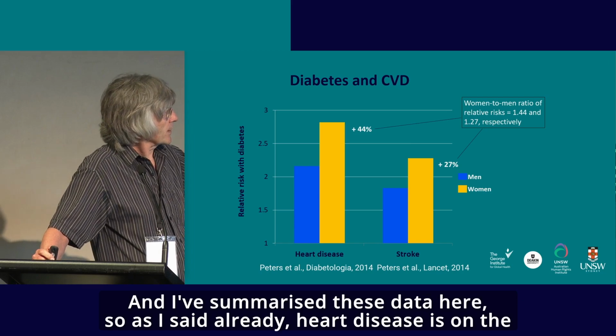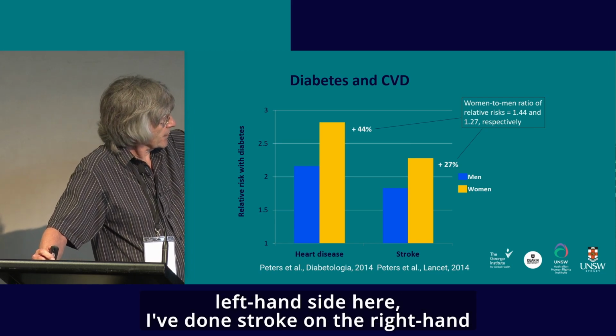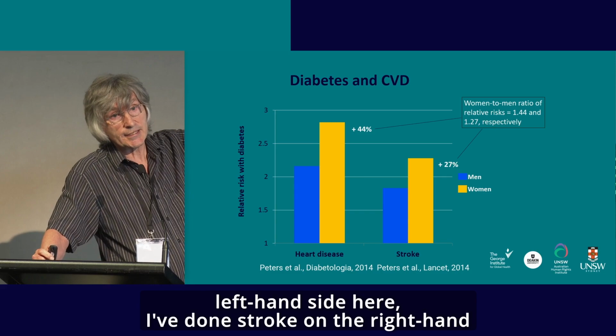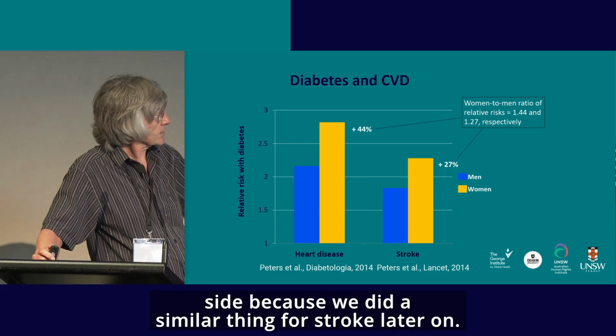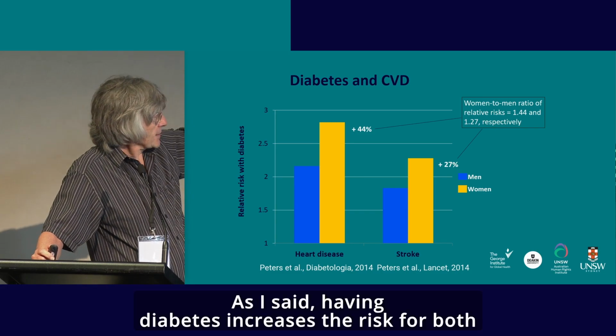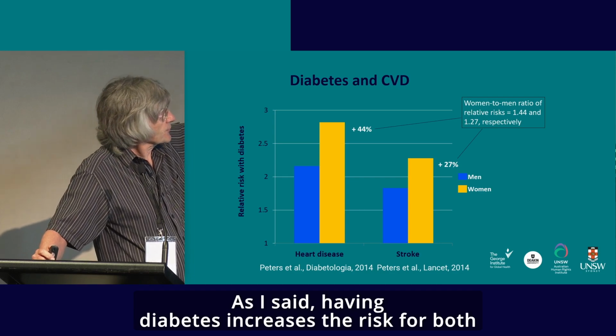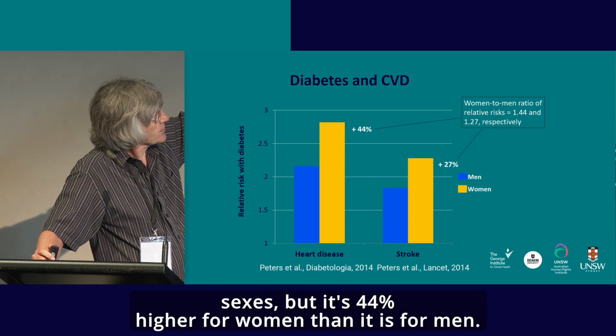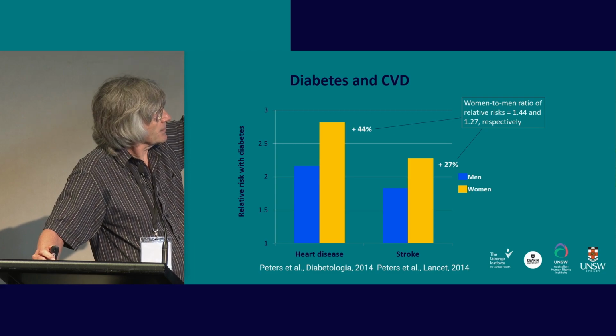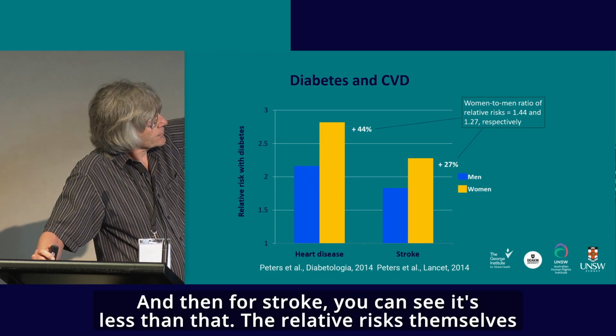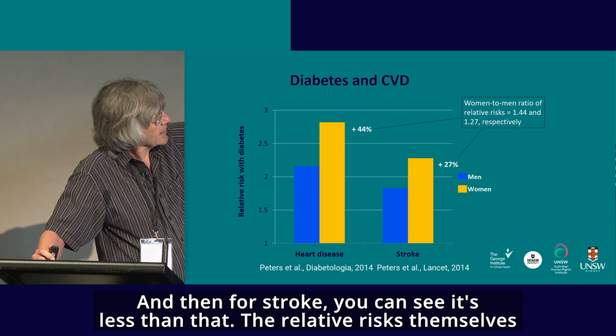So as I said already, heart disease is on the left-hand side here. I've done stroke on the right-hand side because we did a similar thing for stroke later on. As I said, having diabetes increases the risk for both sexes, but it's 44% higher for women than it is for men. And then for stroke, you can see it's less than that.